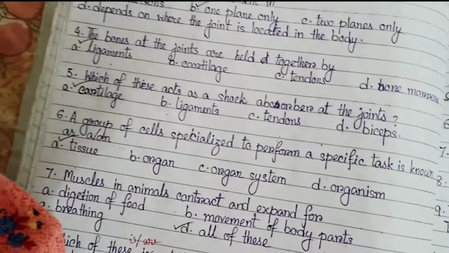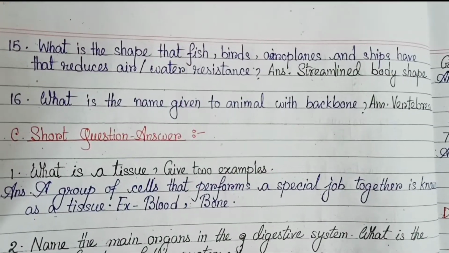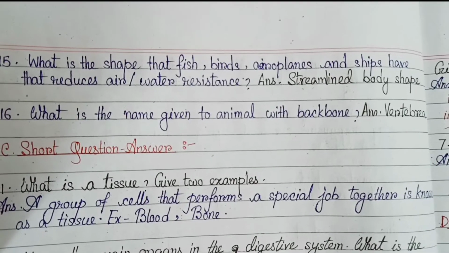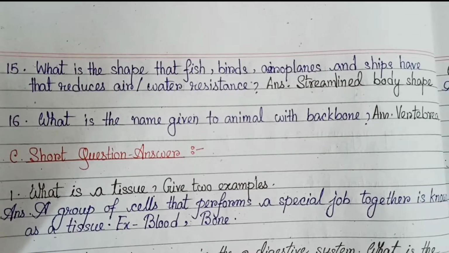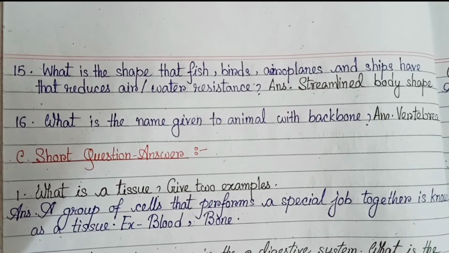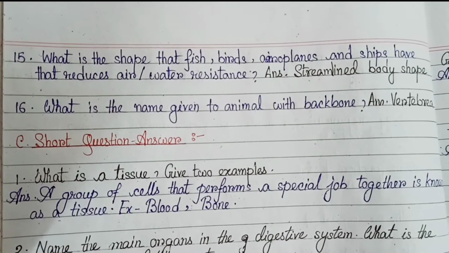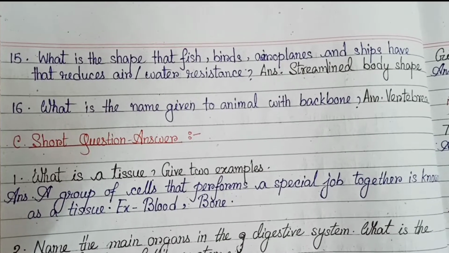Tail. Number 15, what is the shape that fish, birds, aeroplanes and ships have that reduces air or water resistance? Streamlined body shape.